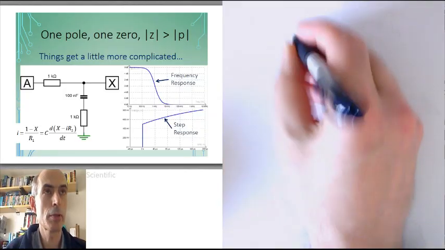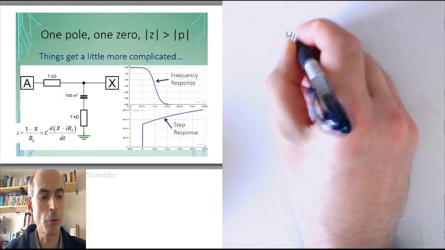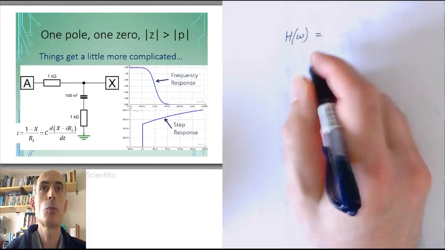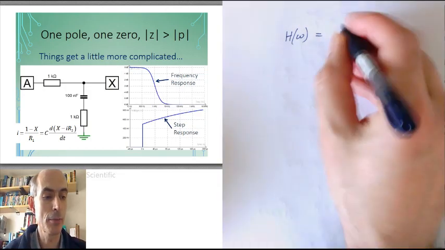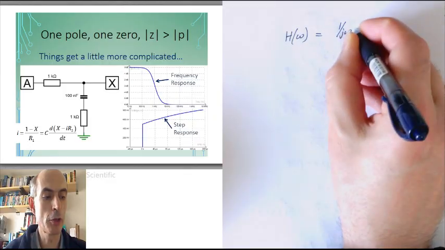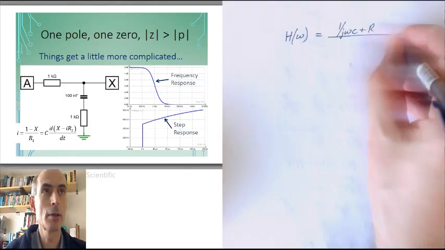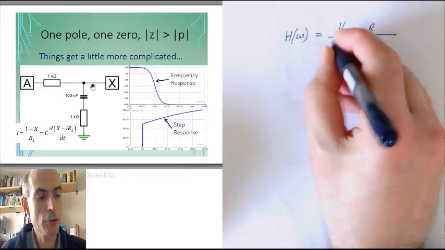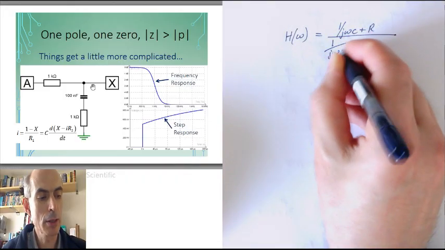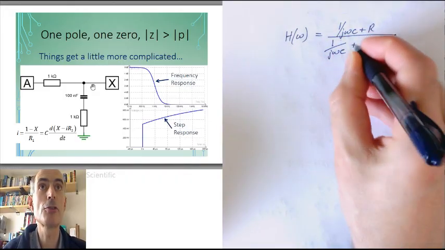First thing we do is calculate the frequency response. And we can just use the standard technique of a potential divider to do that. It would be 1 over j omega C plus R. That's the impedance between the output and ground here, a capacitor in series with a resistor, divided by the total impedance in the network, 1 over j omega C plus 2R.